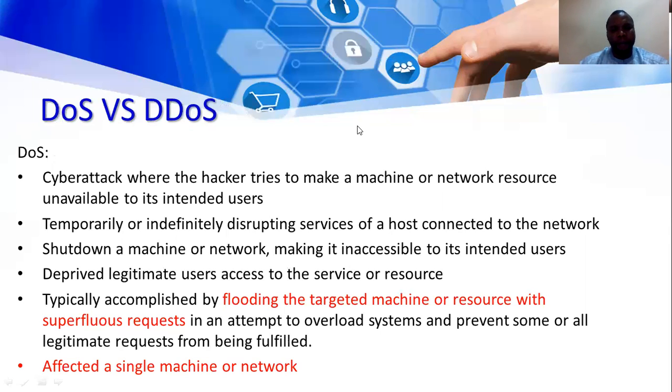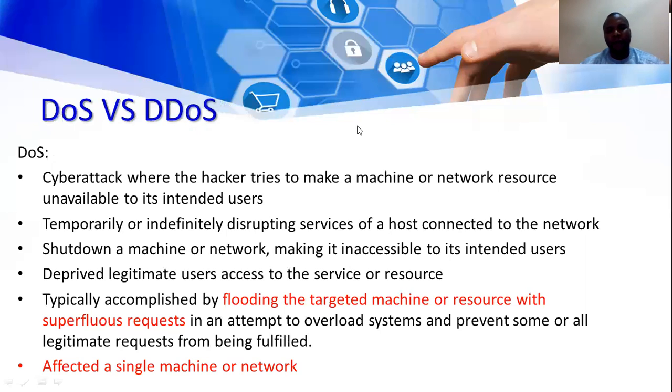Then it can also involve temporary or indefinite disruption of services on a host connected to the network, which also deals with denial of service. Also, we can look at this: shutting down a machine or network, making it inaccessible to its intended users. This also constitutes what we call DOS, a denial of service.